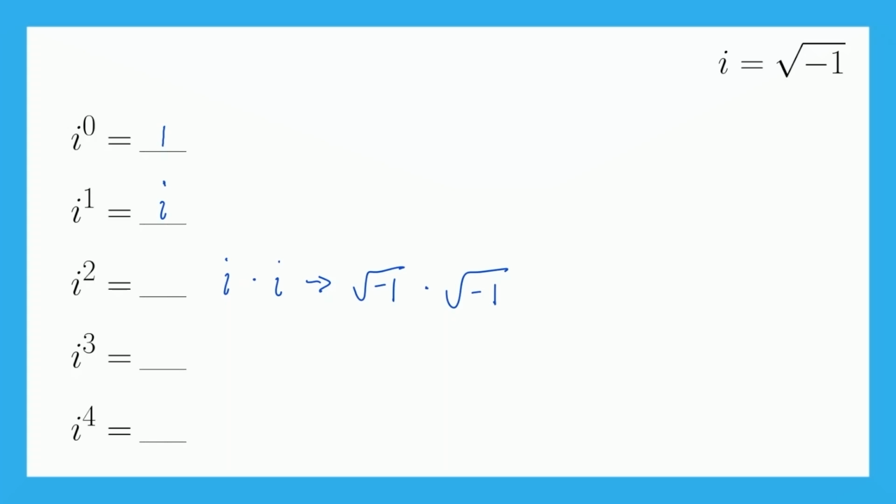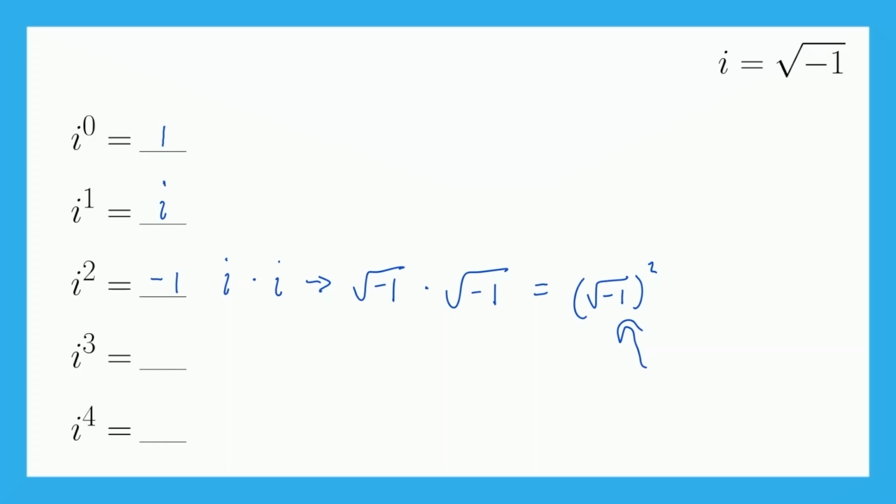Because we're multiplying it by itself. So when we have a square root that is being squared, they cancel. We get whatever is inside the square root, which is just -1. So i squared is simplified as -1, just like that.